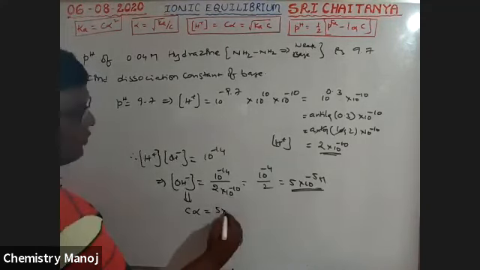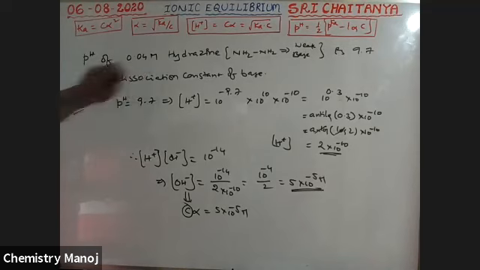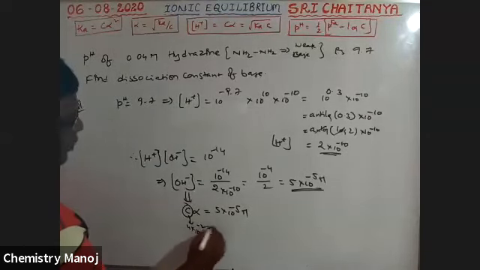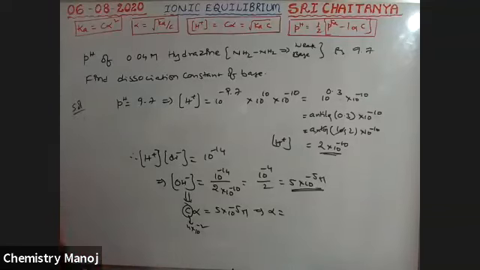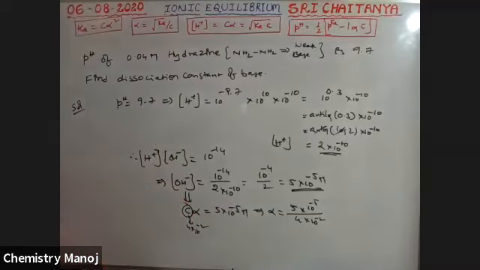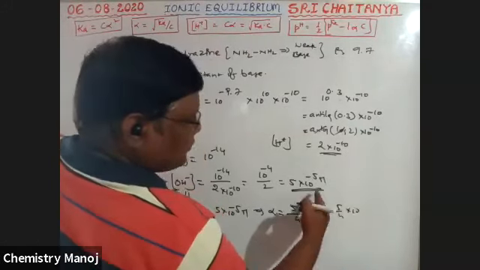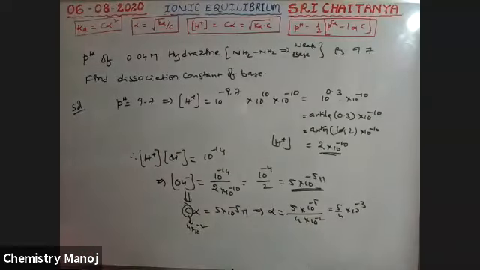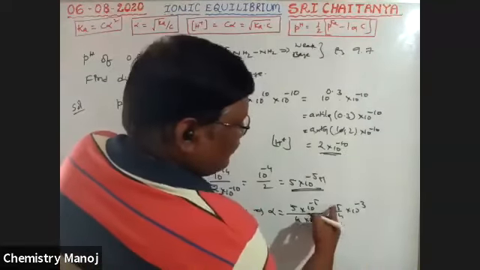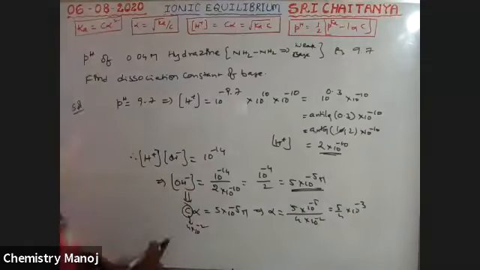C alpha is equal to 5 into 10 power minus 5 M. But C is given as, how much is the C value? 0.04, that is 4 into 10 power minus 2 M. So alpha is equal to 5 into 10 power minus 5 by 4 into 10 power minus 2, that is equal to 5 by 4 into 10 power minus 3. Okay, leave it. So this is alpha.